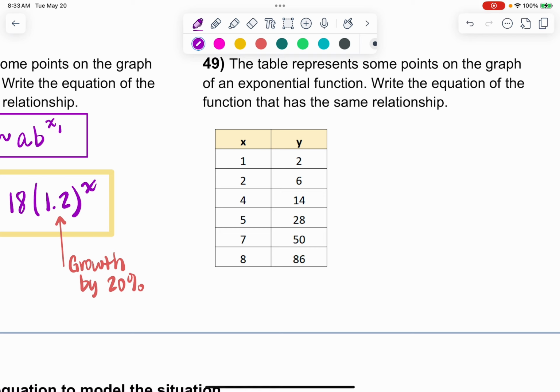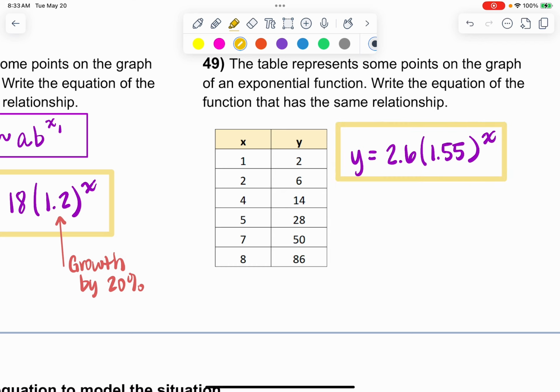All right, and so I'm going to write my function y equals 2.6 times 1.55 raised to the x power. All right, and that would be our approximate function. And again, I'm just going to throw in, because we're going to talk about this more in just a second, this is definitely a growth.